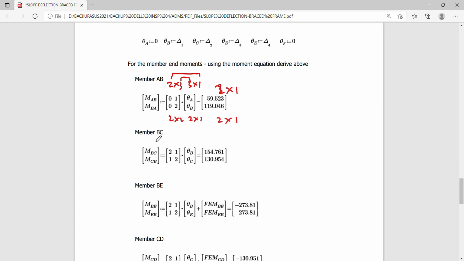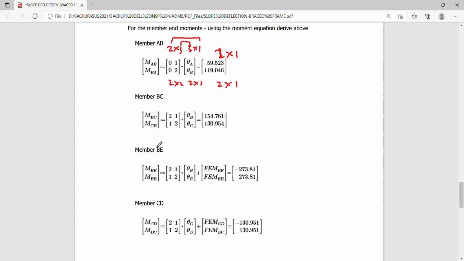So for the computation of your member moments, we have to include for all the beams again an inclusion of your fixed end moment, because this will only be due to end rotations without the consideration of your applied moments coming from the loads.